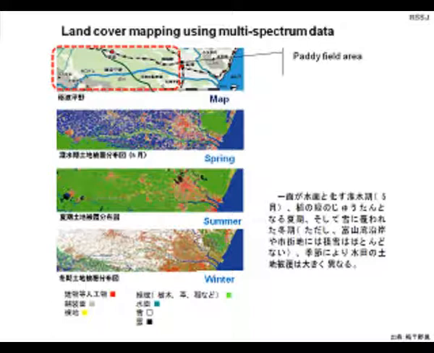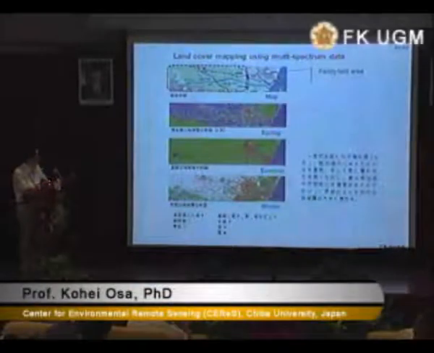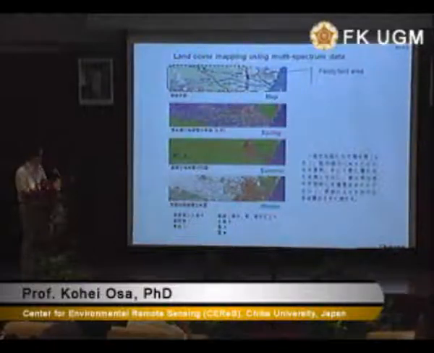Next is an example of a paddy field area. This is a part of a local country area in Japan, where we have many paddy fields. This is the spring season and the summer season. The lowest one is the winter season after harvesting, and we have snow cover around here.